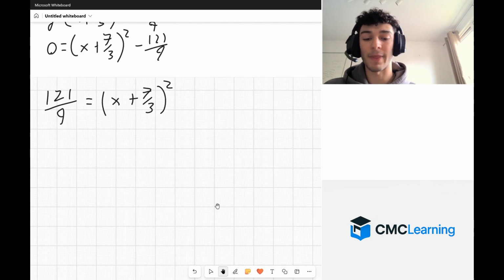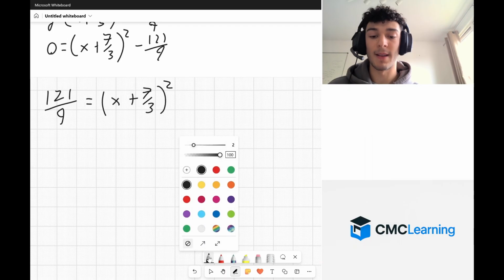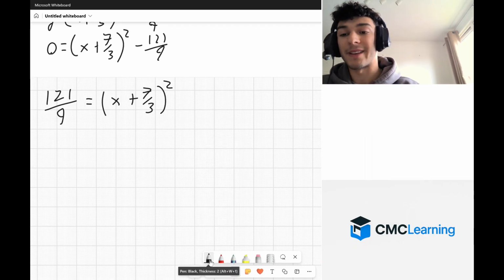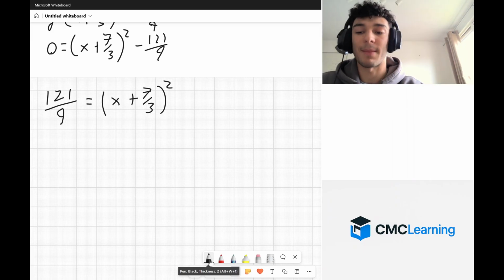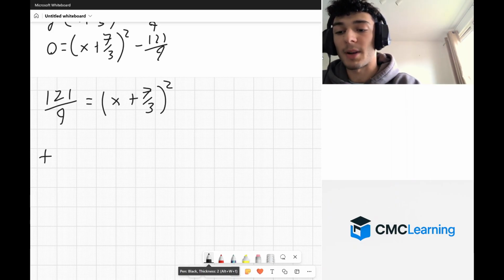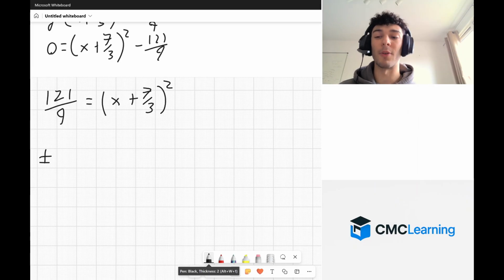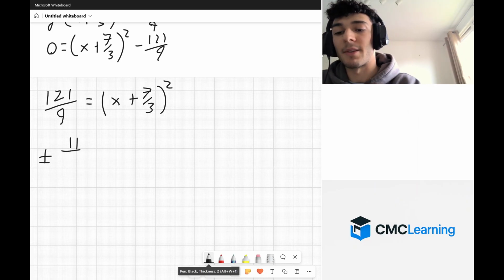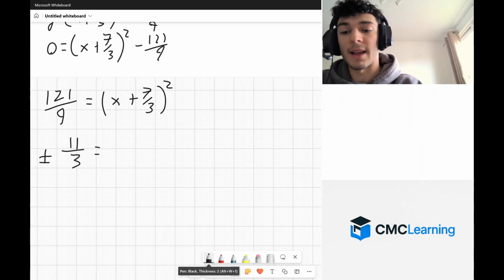You're probably familiar with that from the quadratic formula. When we're doing the square root of something, we need to keep in mind that this introduces that plus or minus. So here we should have plus or minus, and we're doing the square root of 121 over 9. These are two nice square numbers. So this is 11 over 3, and this is going to be equal to x plus 7 over 3.